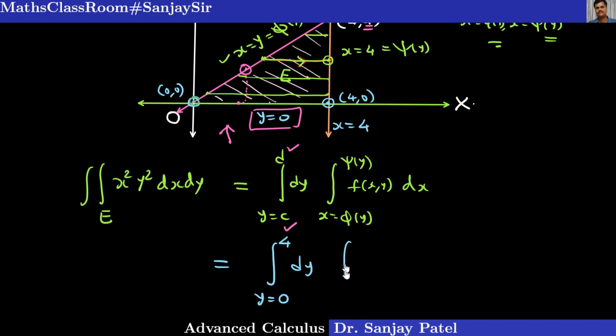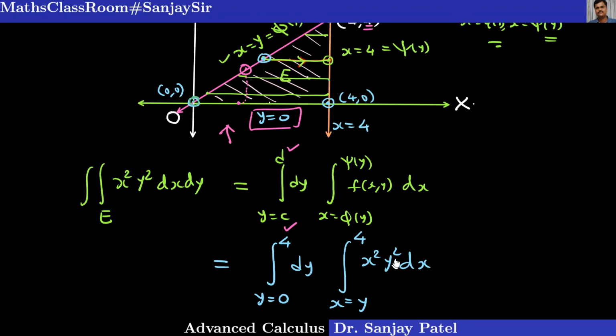dy, and the curves are first this curve, given by x is equal to phi y, that is x equal to y, and when you exit the region, the curve is given by this orange line, that is x equal to 4, and the function is x square y square dx.